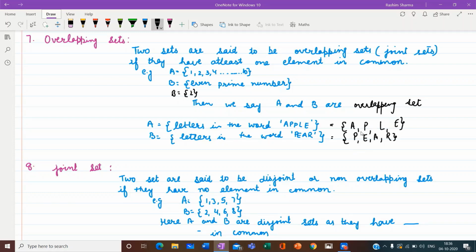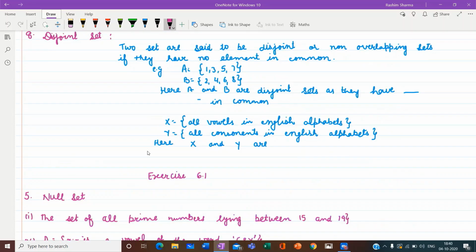A, P, E. Three elements are common here. So we will say that A and B are overlapping sets. Alright, I hope you have understood. When there is something common, common means which is present in both, we will say that sets are overlapping.